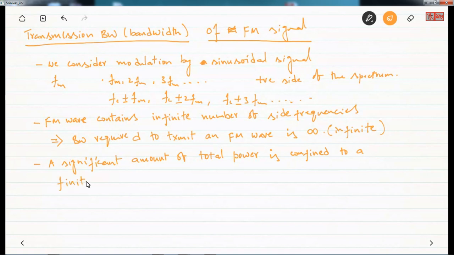We'll see what it is with an example. So a significant amount of total power is confined to a finite bandwidth.